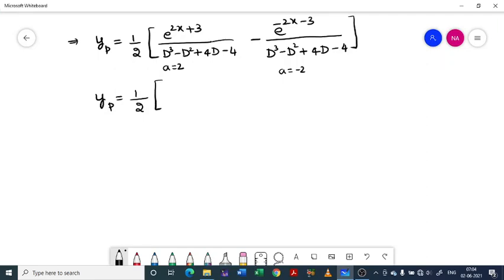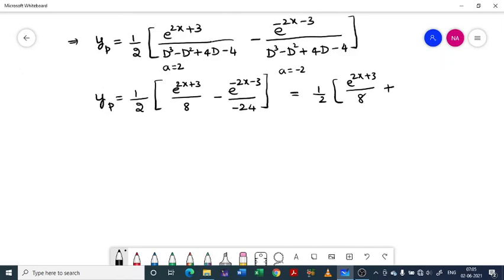Then on replacing, you can check that it will be 8, and here it will be e power minus 2x minus 3 divided by minus 24. See, these values are subject to verification. So it is 1 by 2 times of e power 2x plus 3 divided by 8 plus e power minus 2x minus 3 divided by 24. If you want, you can simplify it further, or you can stop here.